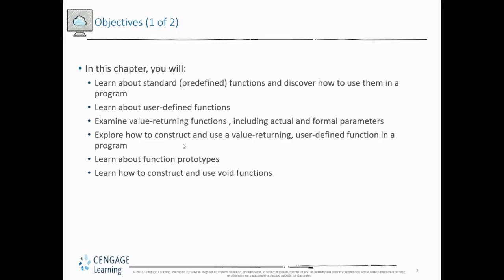Anytime we're using libraries, especially the C math library, you can do square roots, the floor, the ceiling, the power. There's lots of things we can do with math using that particular library. So they're called predefined functions.